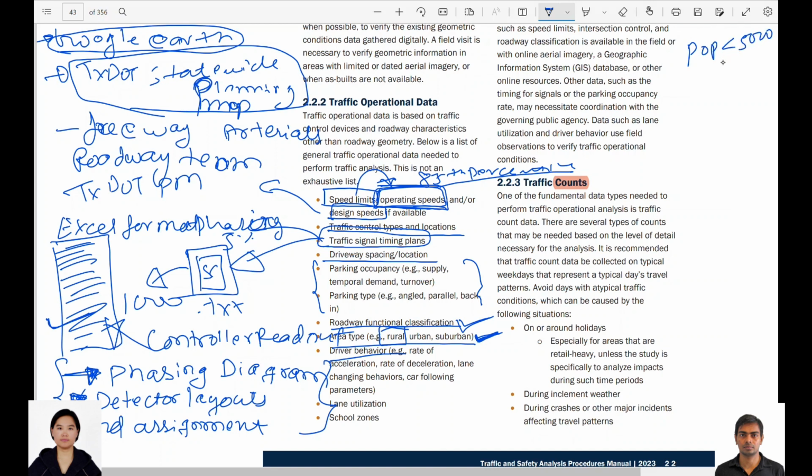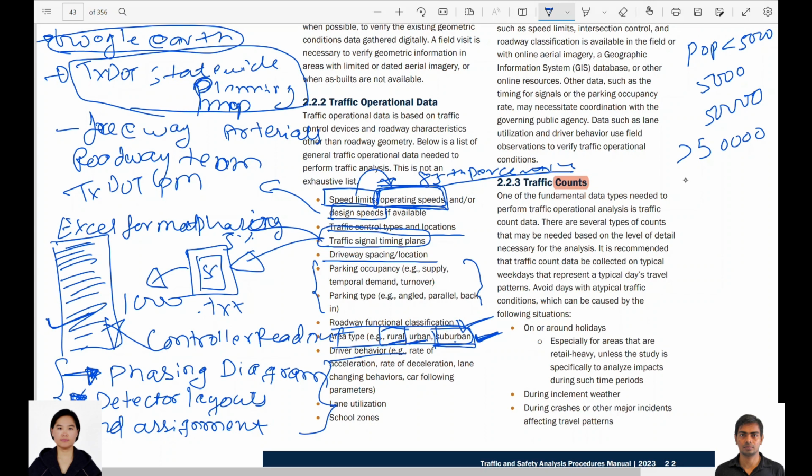Then it's called small urban, between 5,000 and 50,000. Then suburban or large urban, greater than 50,000. Suburban areas are typically just the outer areas of urban areas.